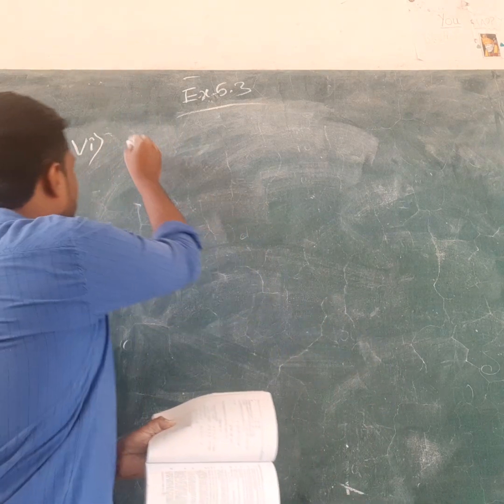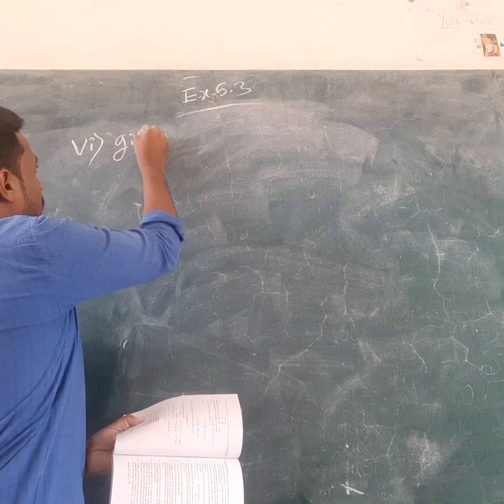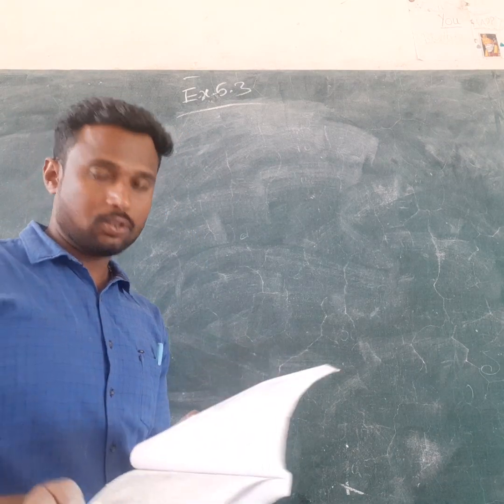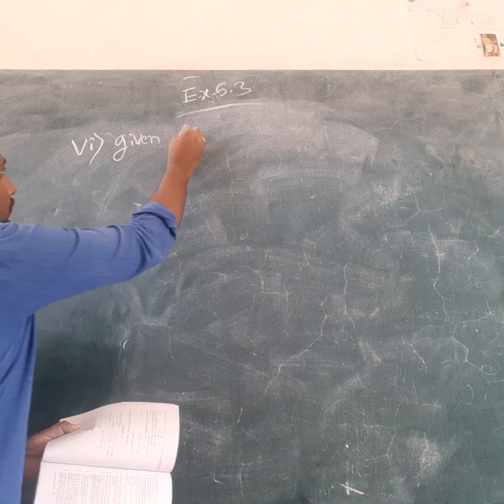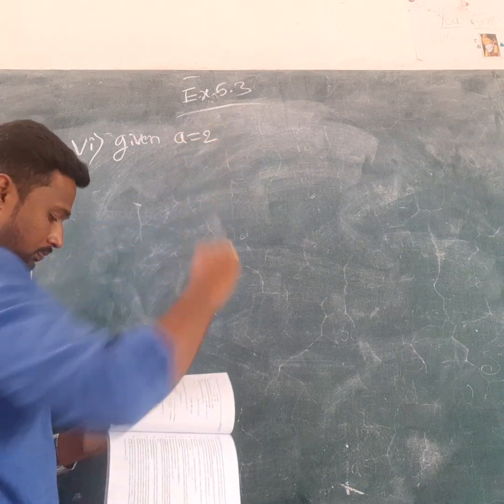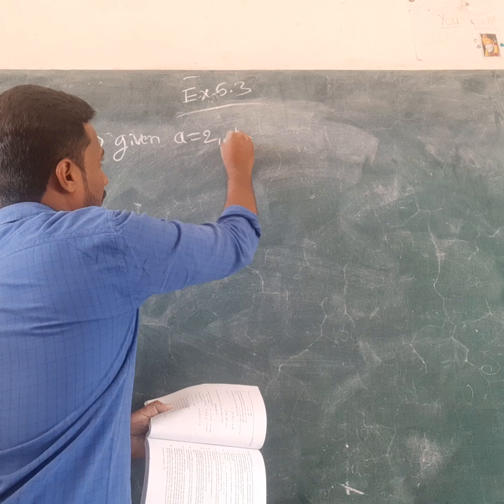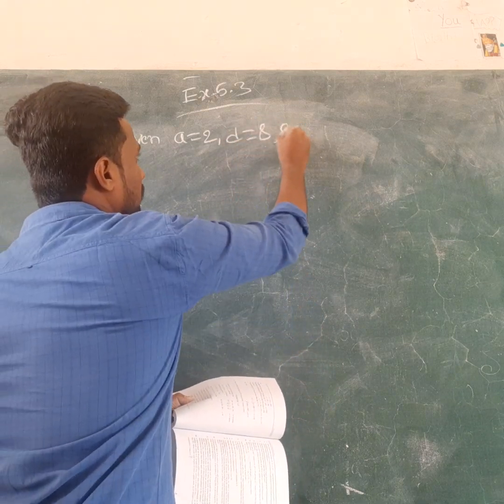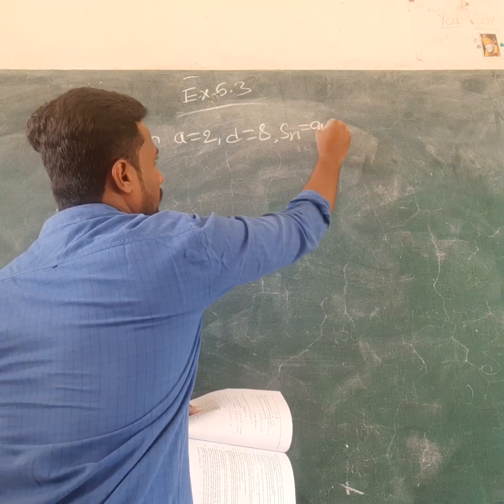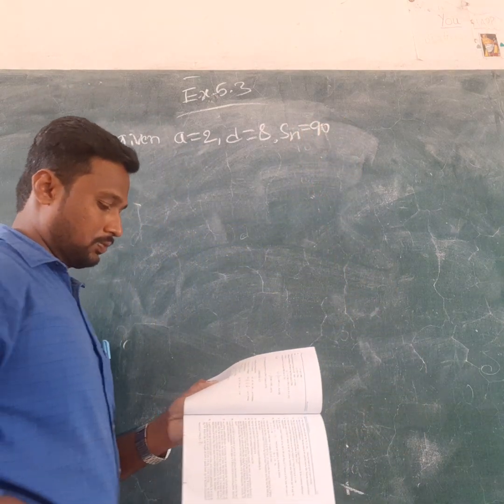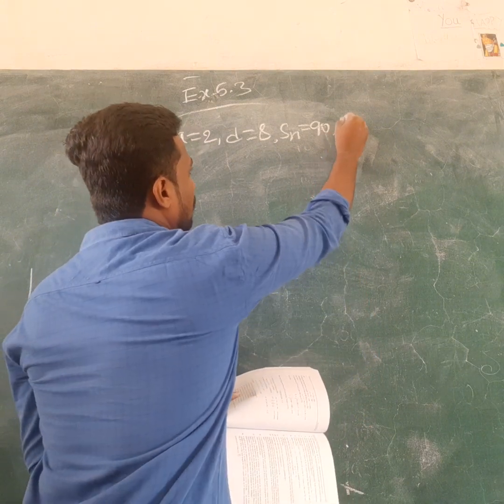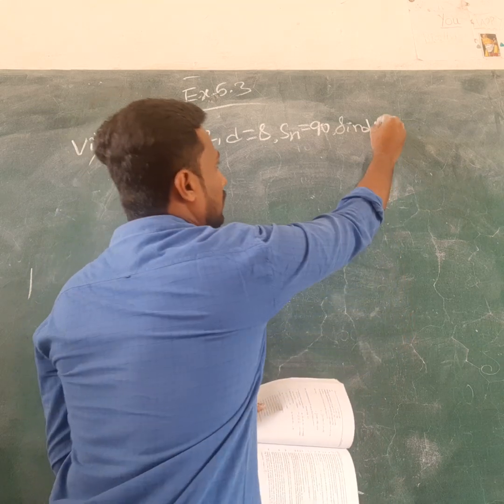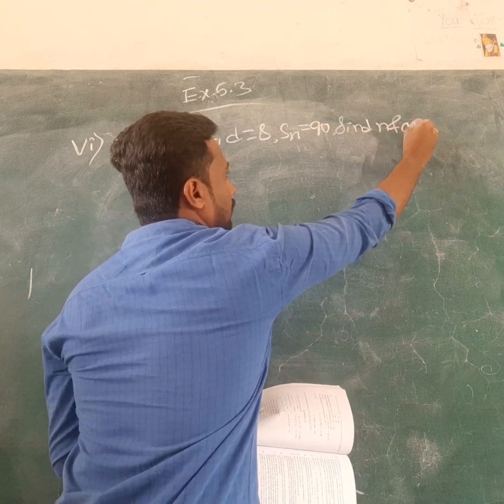What they have given in sixth problem? Given A is equal to 2, D is equal to 8, Sn is equal to 90, find N and An.